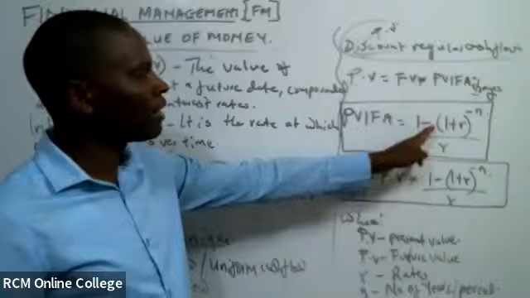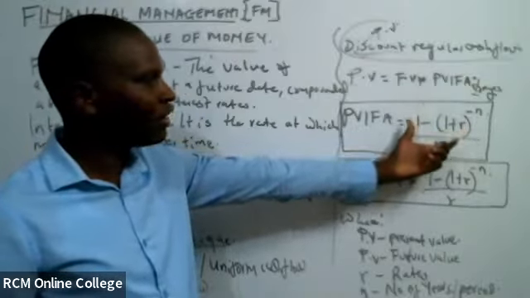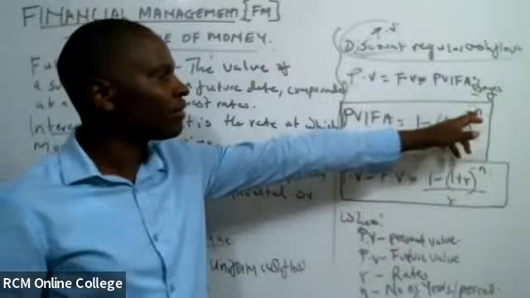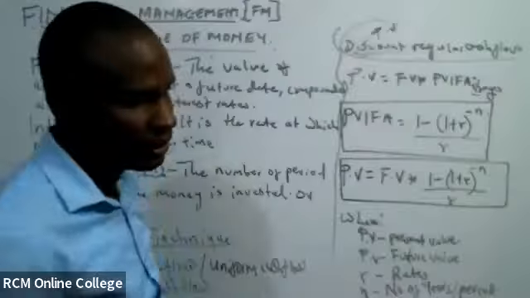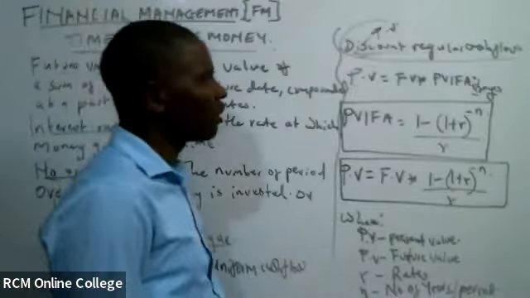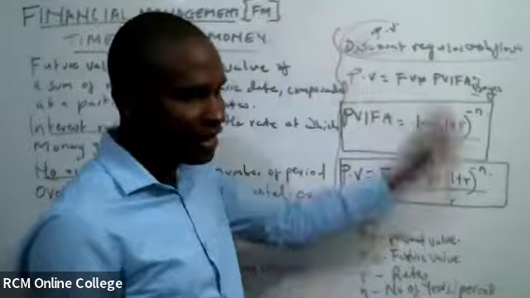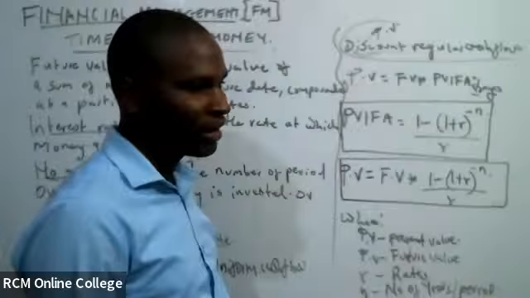You say 1 minus (1 plus R), the rate will be given, raised to negative n, and then whatever you get divided by R. That is for the regular.